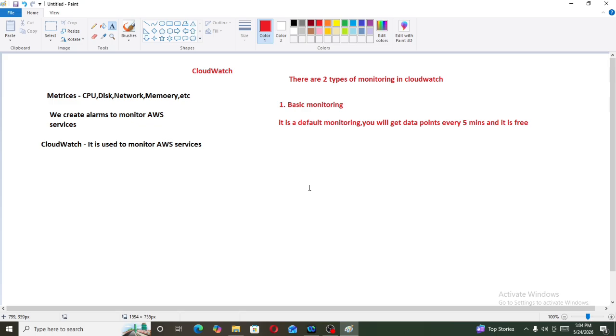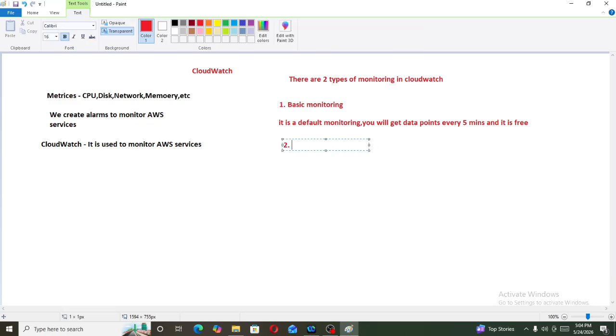And the second one is detailed monitoring. What is detailed monitoring? You will get data points every 1 minute, but it is billable.